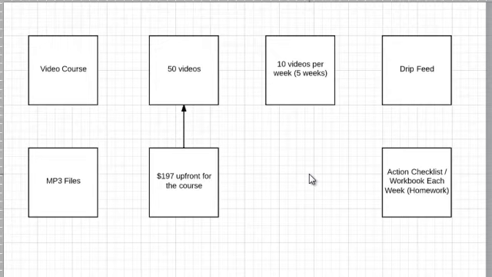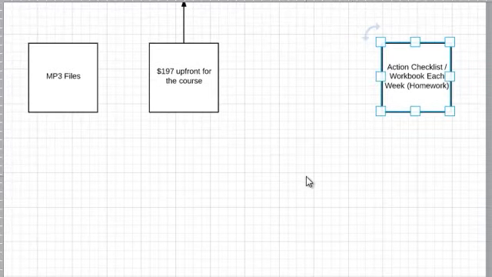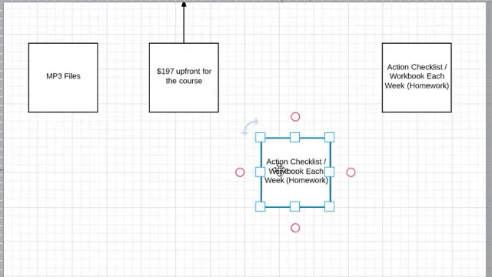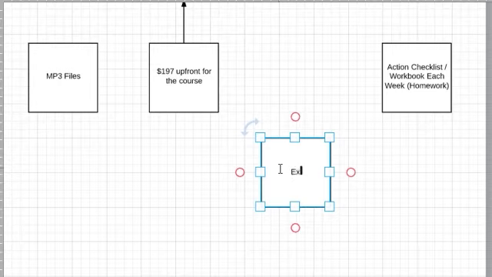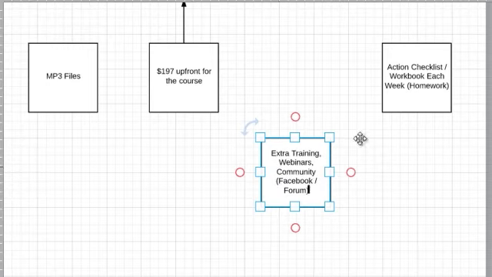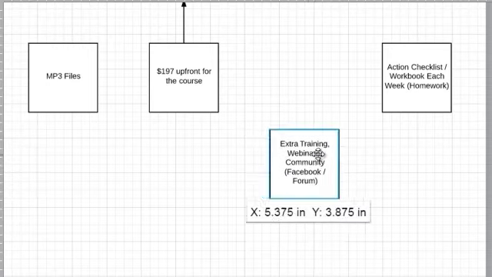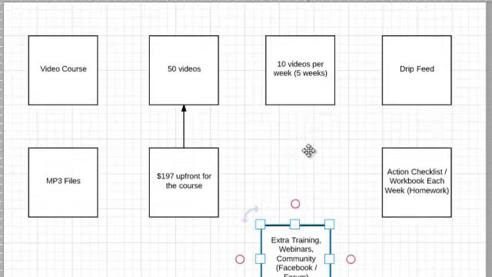So actually what you could do is add a component of a community. So we could say you could get extra training, extra webinars, extra community, like a Facebook community or something. Facebook or forum. I will say Facebook communities tend to be a little bit easier to manage.